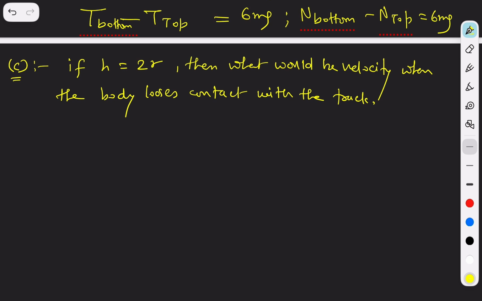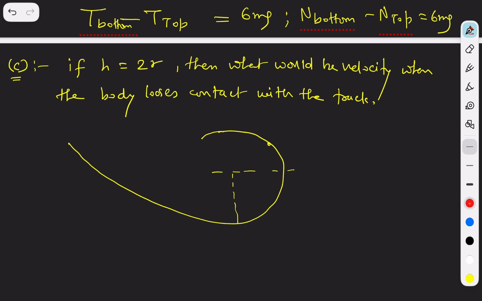Okay, this is your track. We know that, guys, the particle will go in the upper half, and somewhere here maybe it will do the jump, and it will go like this. Okay, so it will lose the track here only. Suppose so, it is going to get some obtuse angle here.